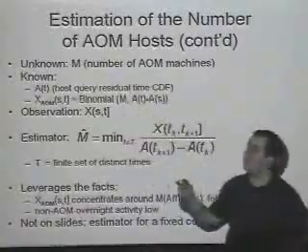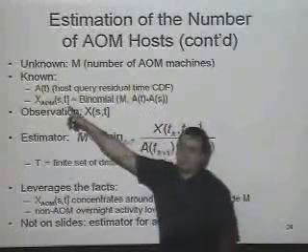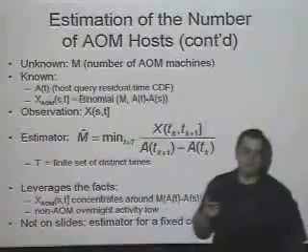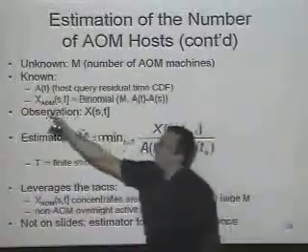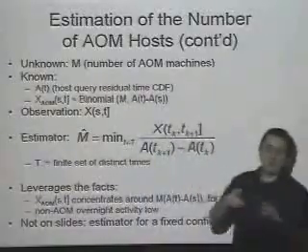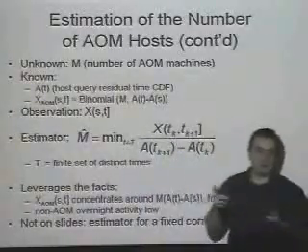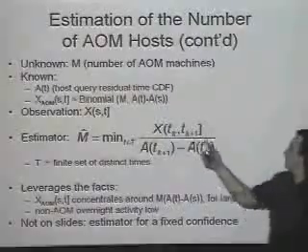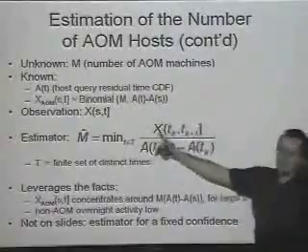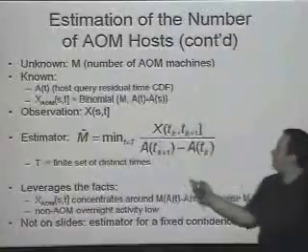So an estimator for M is really taking the counts and dividing them by A(t) minus A(s). We cannot observe those counts, but we observe X. We know X, the aggregate number of counts, counting both AOM and non-AOM, is greater than or equal to X AOM. And essentially, you come up with this estimate, as I said before.